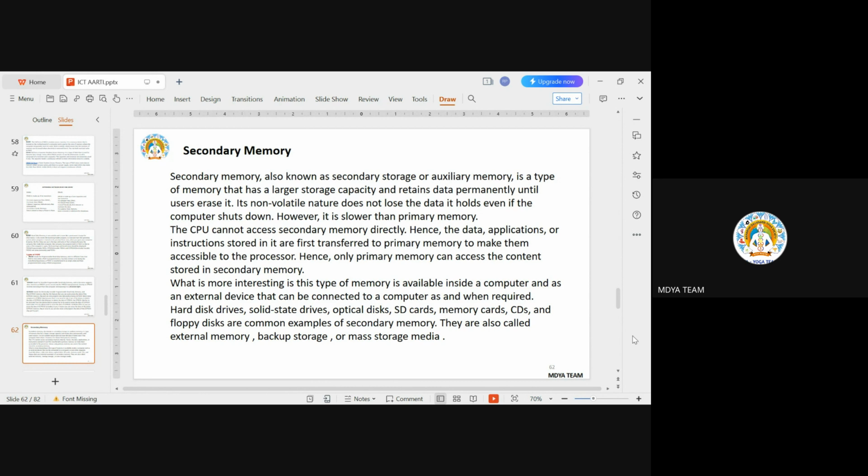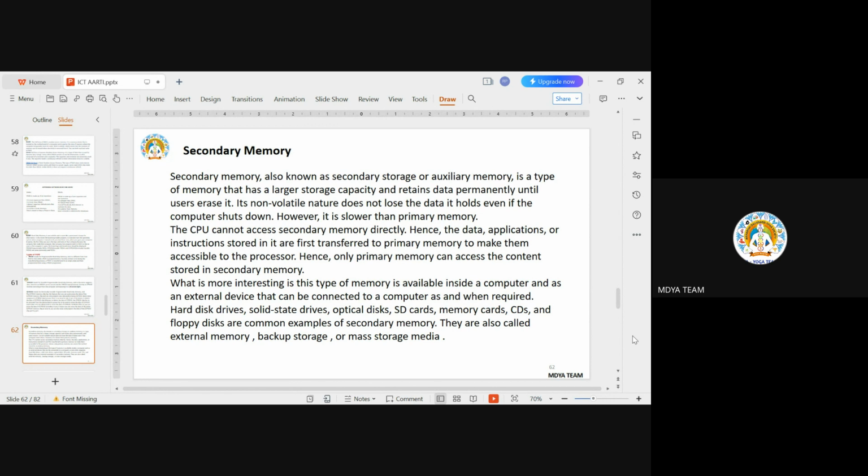Then the secondary memory gives that data to the RAM, and the RAM will give that data to the cache memory, and then it will be executed in front of us. Okay, so only primary memory can access the content stored in secondary memory. Secondary memory can't directly access that content. It has to transfer it to the primary memory.